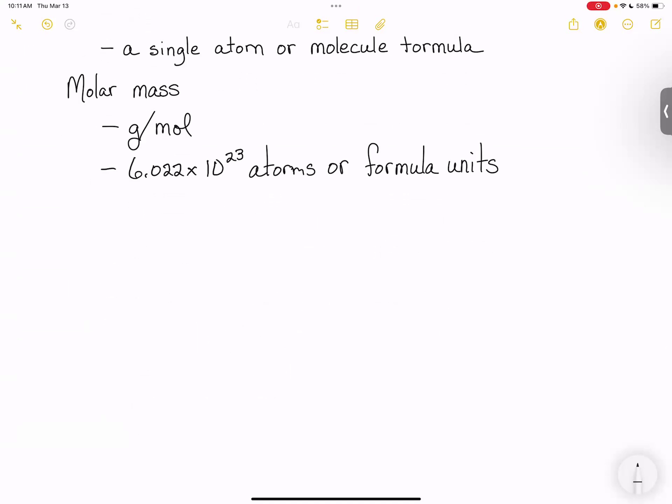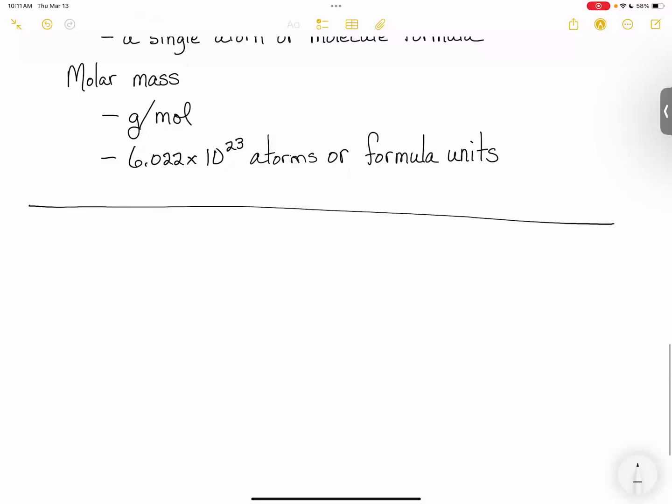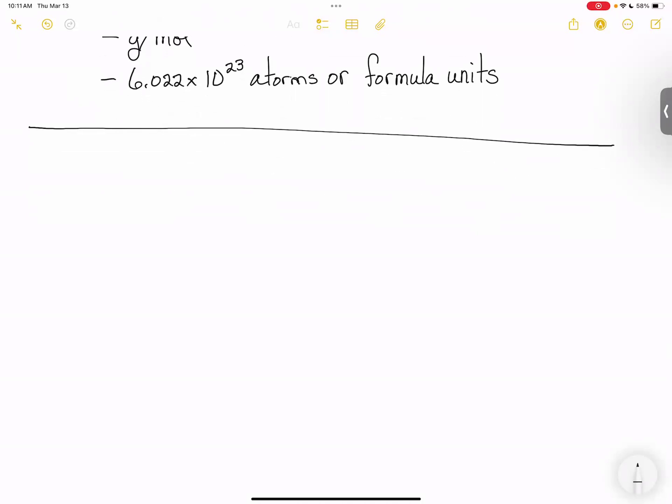Okay. So, if I have carbon and I have one atom of carbon, I'm going to be talking about its formula mass. And that's going to be 12.011 atomic mass units.